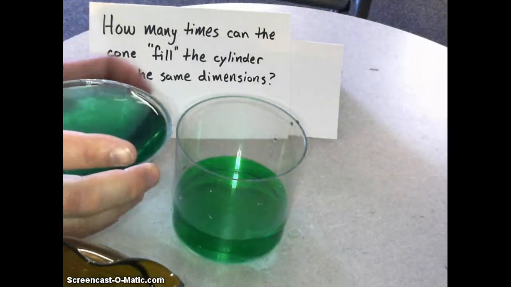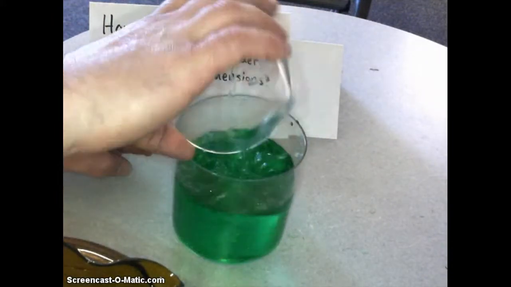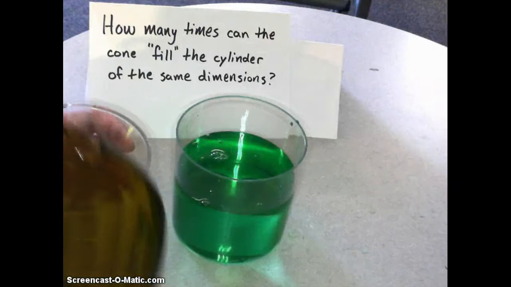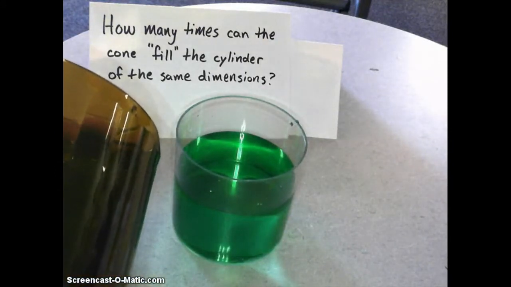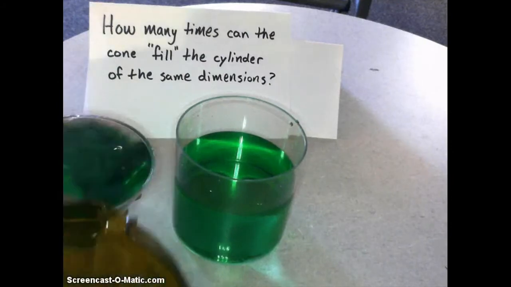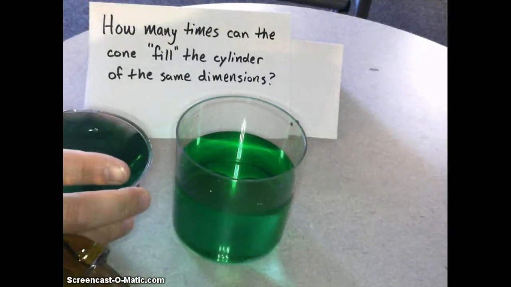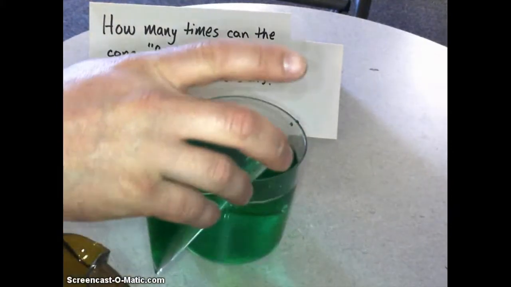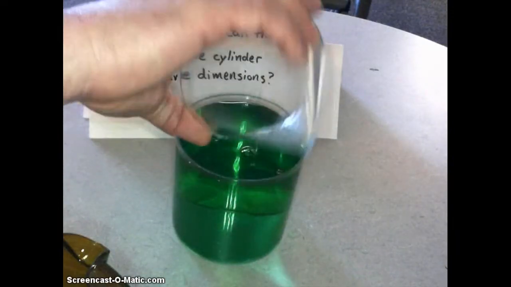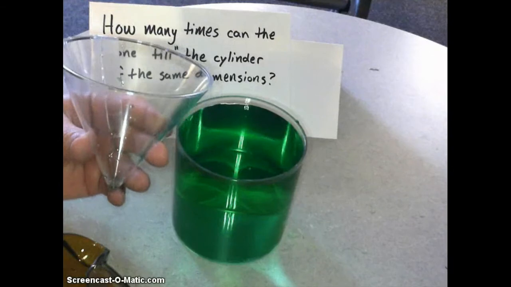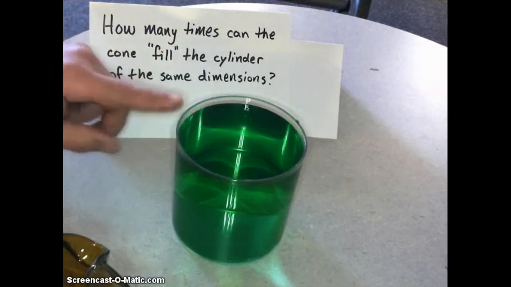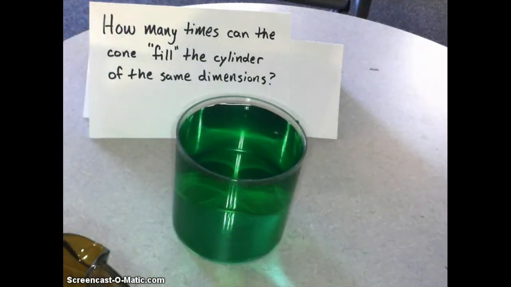Again, trying to be careful. And let's see if a third one will top it off. Right up to the top. So again, we had 3 cones that filled up one cylinder as long as they have the same dimensions, same base area, same height.